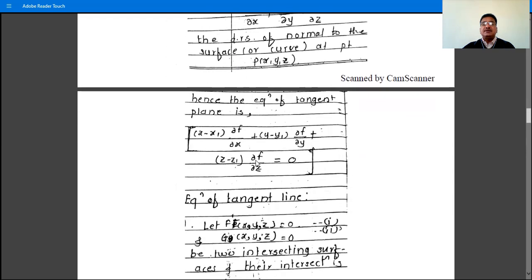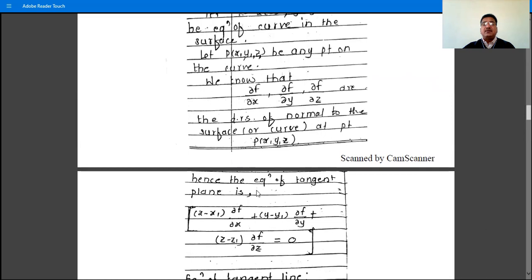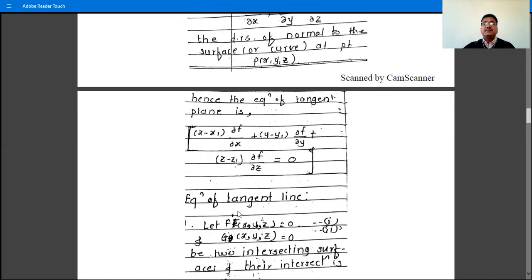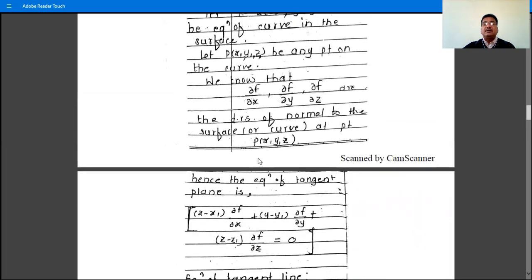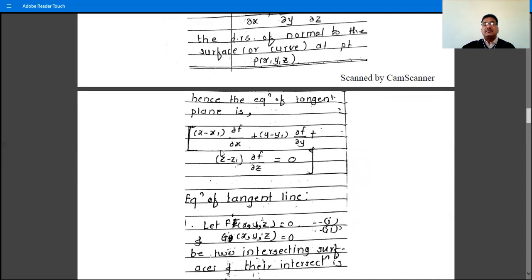Hence, what is the equation of the tangent plane? (x − x1)·∂F/∂x + (y − y1)·∂F/∂y + (z − z1)·∂F/∂z = 0. This is because the tangent and the normal to the surface are perpendicular to each other, so by using the condition of perpendicularity, we have this answer.